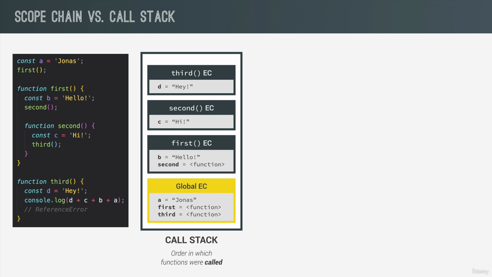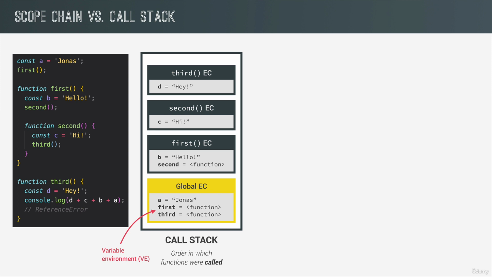One execution context for each function in the exact order in which they were called. I also included the variable environment of each execution context. For now, all this has nothing to do with scopes or the scope chain, all right? All I'm doing is creating one execution context for each function call and filling it with the variables of that function.